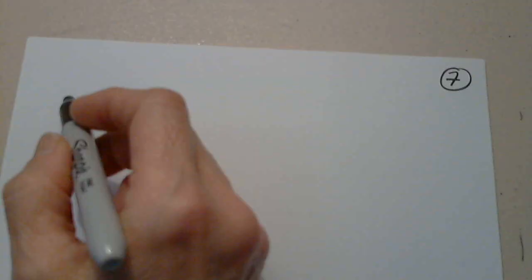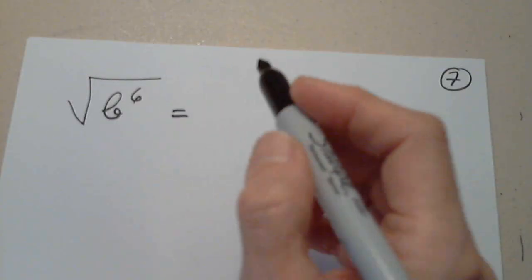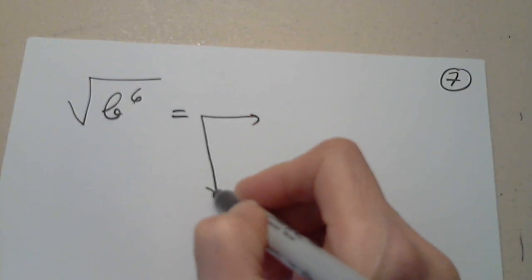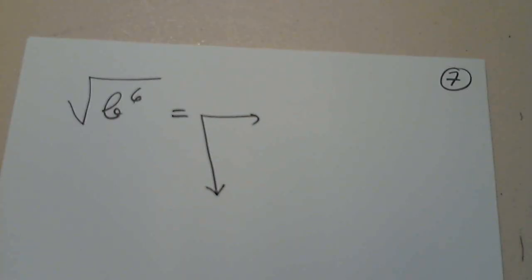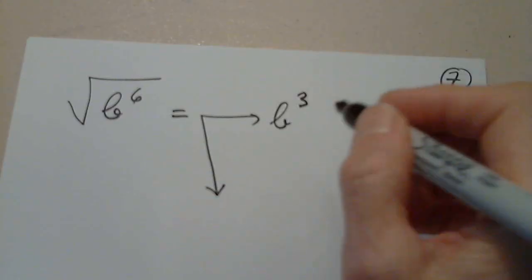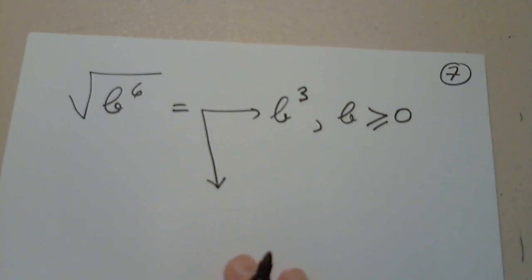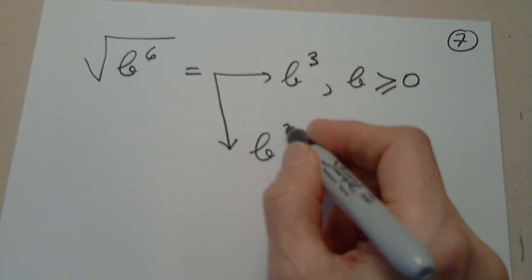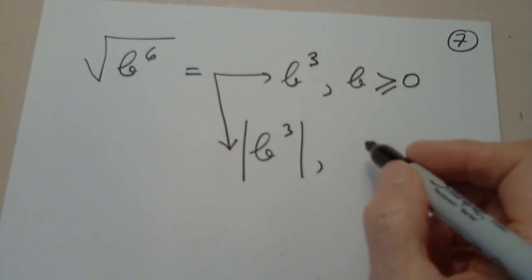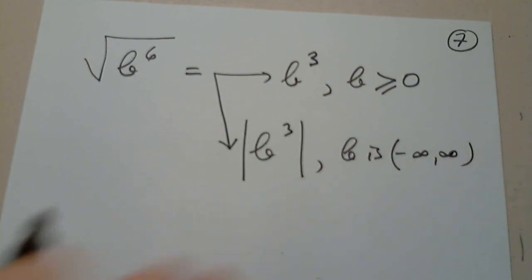So if I have the square root of b to the 6th, I have two possibilities. One possibility is 6 divided by 2 is 3, if I'm told that b is strictly positive or 0. But the other option is b to the 3rd with absolute value, if I'm told that b is in negative infinity to infinity.